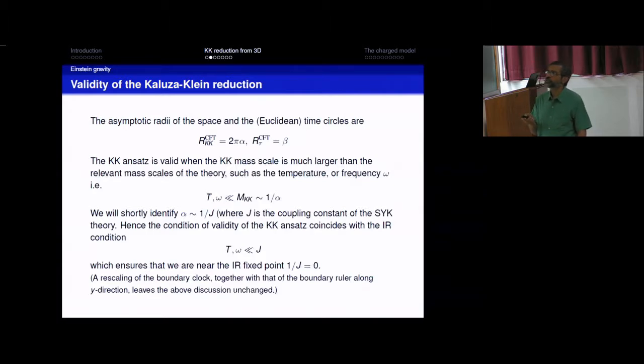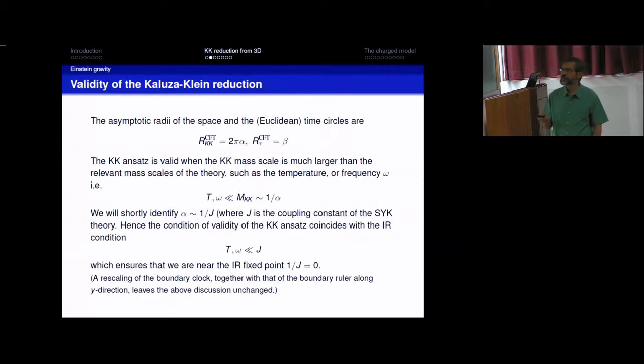Which translates to the following: the temperature or the energy scales of interest of the theory should be much, much less than the Kaluza-Klein mass scale, which is the inverse Kaluza-Klein radius. And that is of the order 1 over alpha.